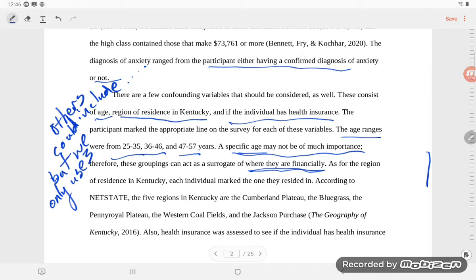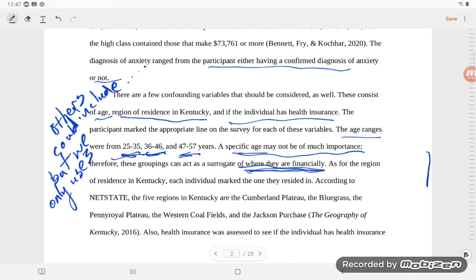And so it could be that the age ends up pretty much being the same thing as the socioeconomic status. Okay, so that was good of them to point that out right there. And hopefully they come back to it.